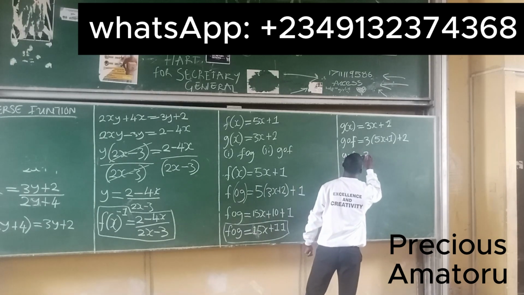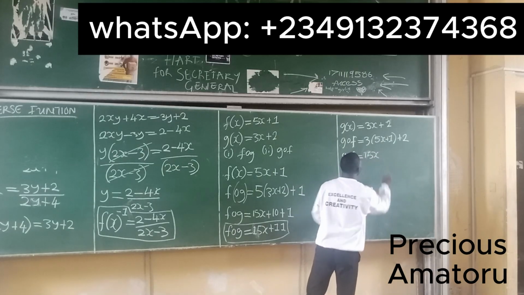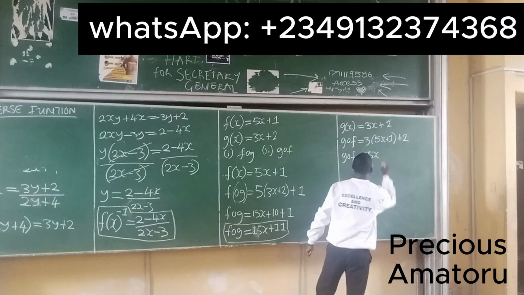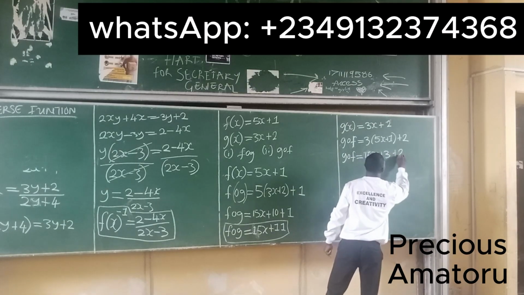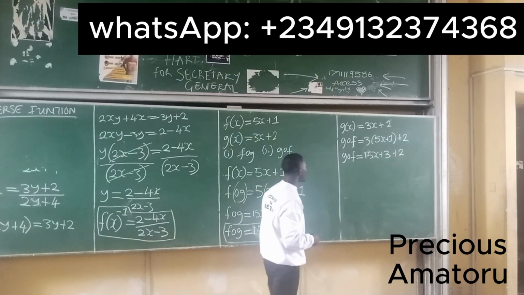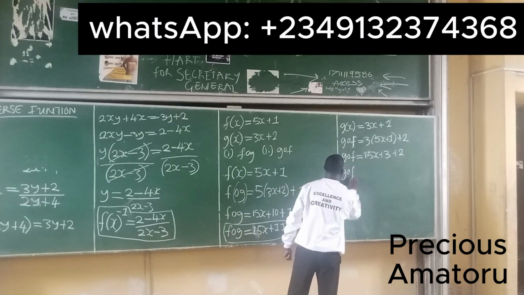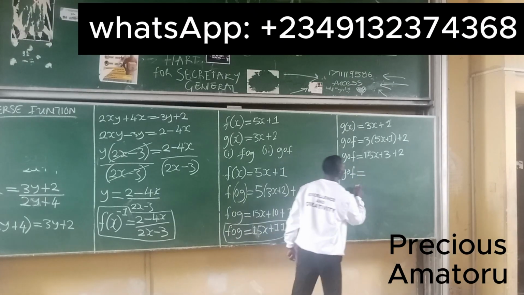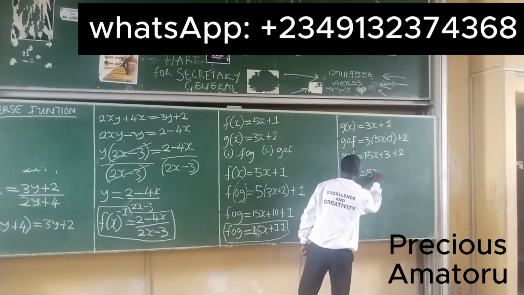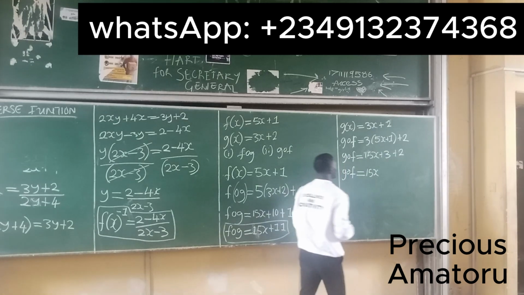Simplifying this, g of f is equal to 3 multiplied by 5x, which is 15x, and 3 multiplied by 1, which is plus 3, and 2. Simplifying further, g of f is equal to 15x plus 5, because 3 plus 2 are like terms.